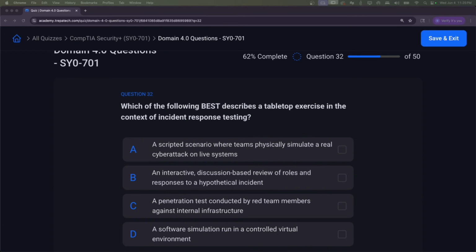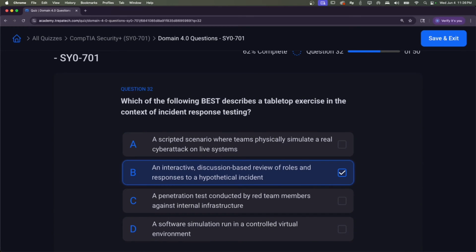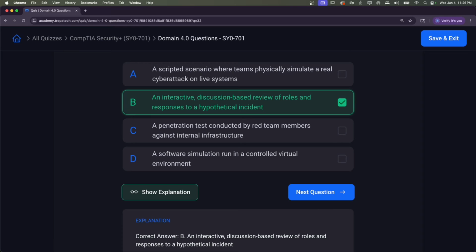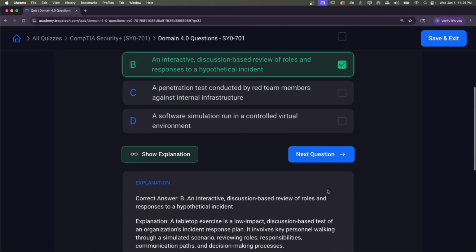Ones that are active, that are going to disrupt the network, ones that maybe are sandboxed, but still on a live system. Or we have tabletop exercises where it's a roundtable discussion essentially. So that's going to be B, an interactive discussion-based review of roles and responses to a hypothetical incident. Pretty much get around this table and, hey, Joe from accounting, hey, Susan from HR, what are y'all doing during this? That's a tabletop exercise.